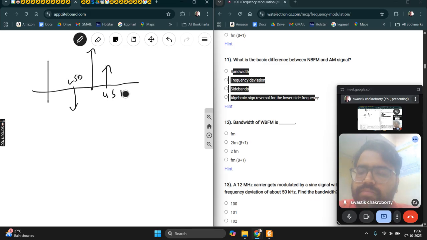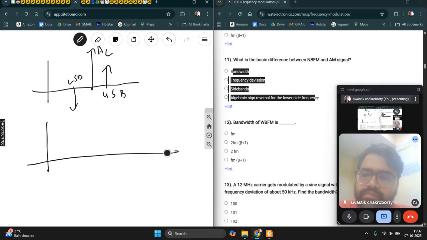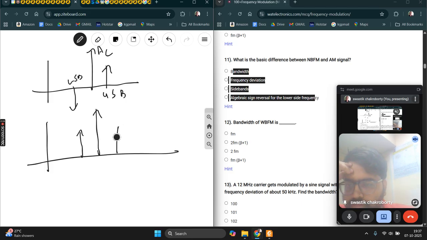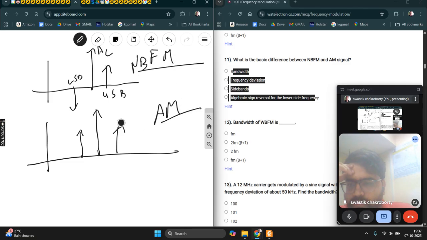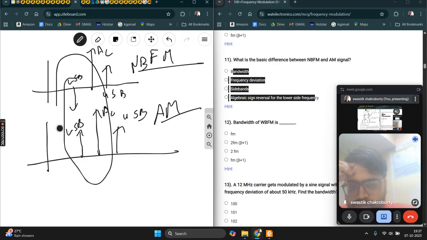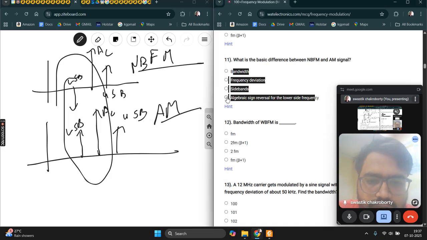This is AM, and this is NBFM. So the only difference is the algebraic sign reversal of the lower sideband. So the correct answer is this.